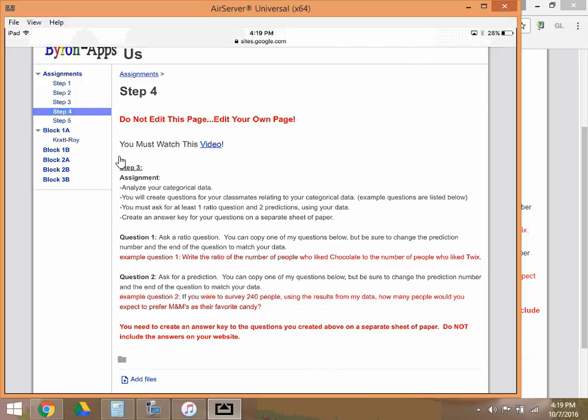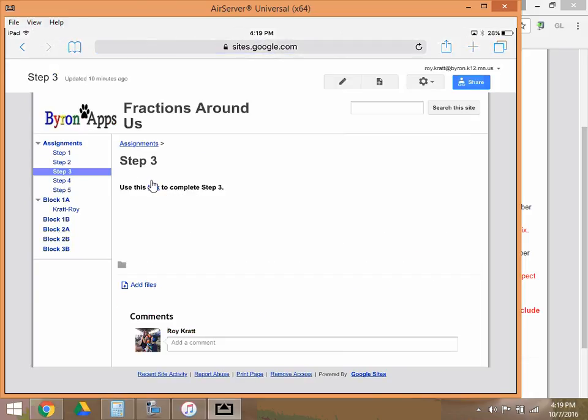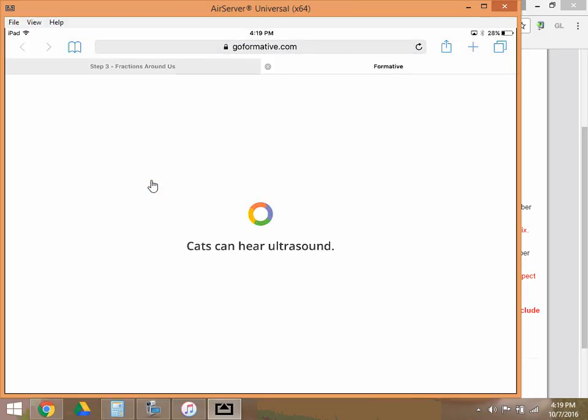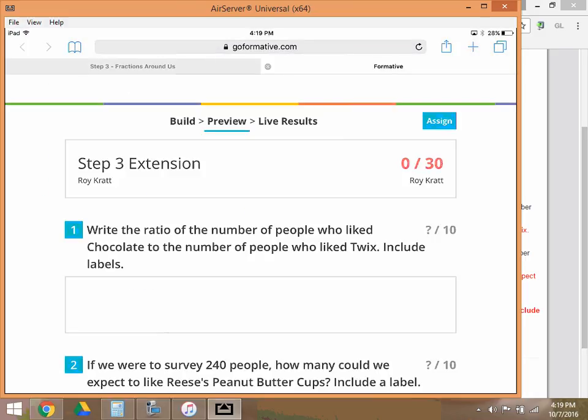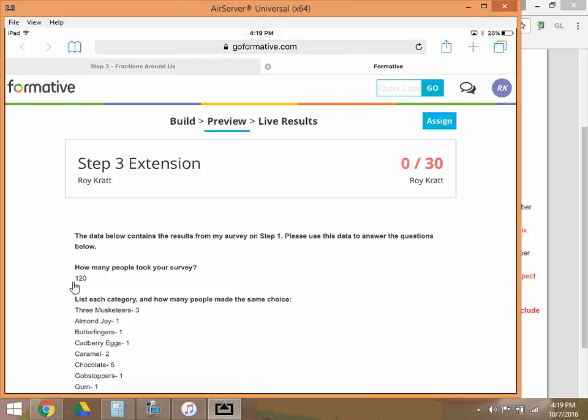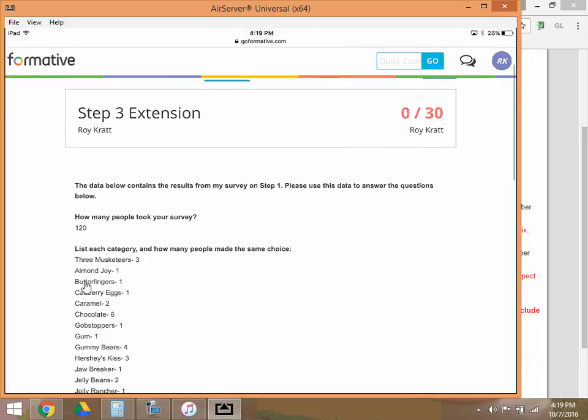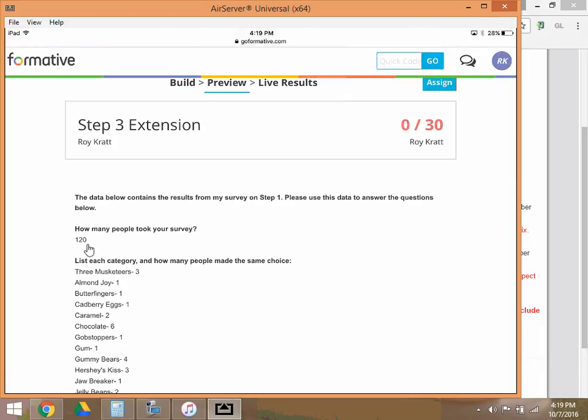The reason why I chose that number, okay, I'm going to go into step 3. I'm going to show you guys the Go Formative page that I created for you. All right, so see here, when you add up all of my surveys, there was 120 surveys.